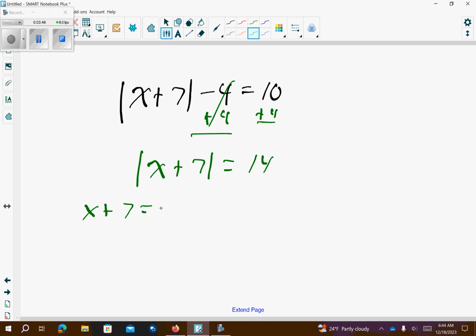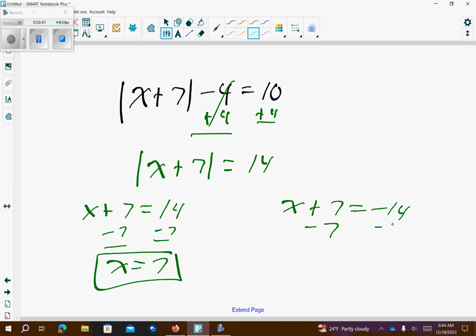So x plus 7 equals 14, and x plus 7 equals negative 14. So you have two answers to this problem, and you just go ahead and solve it. So this is your first answer. Those cancel, so x equals negative 21. So you have two answers for that type of problem. That might be something to write down.